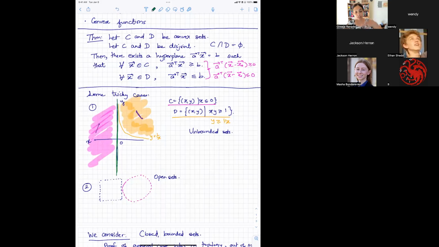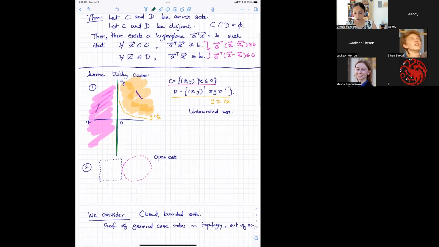But as you can see, it's basically the boundary of one of the sets. It's basically right there. And so we have this tricky situation. And so this is a particular situation where we can see how the separating hyperplane exists, but it's not a case that we're going to be able to deal with in the proof that we're going to talk about.